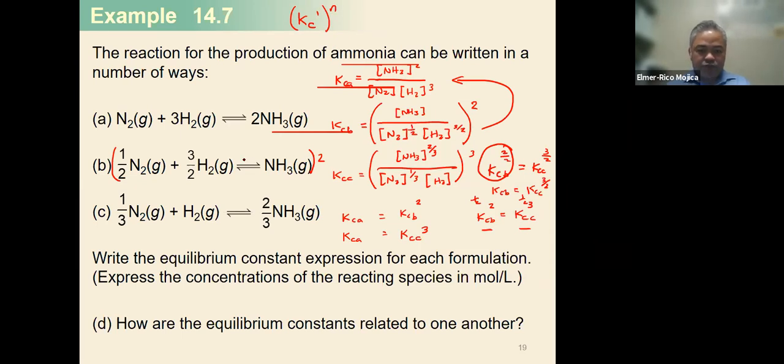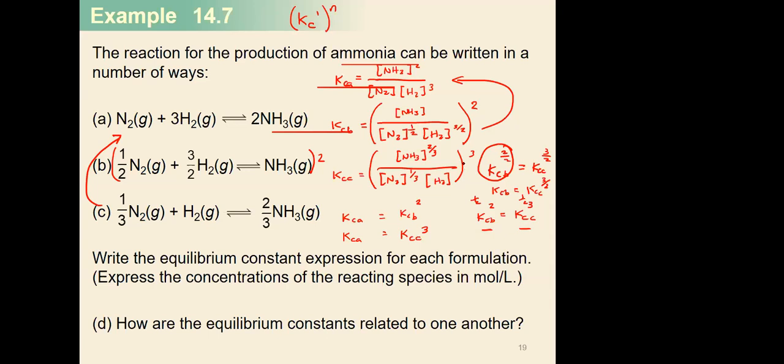If we want to make it similar to the first equation, all we need to do is multiply everyone by 2, and by multiplying it by 2, we raise the expression that we have here by 2. The same thing here: we have 1/3, plus 1, and then 2/3. If we want it to be the same as that one, all you need to do is multiply everything by 3, and in doing so, we raise the expression by 3. Is that clear? Yes.